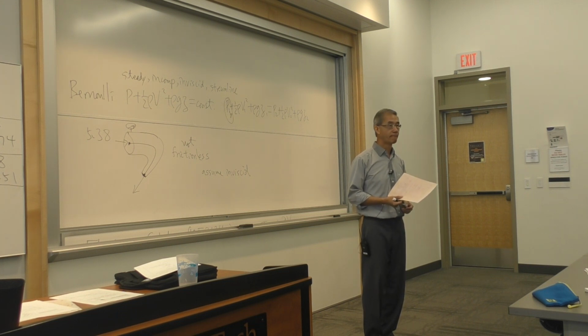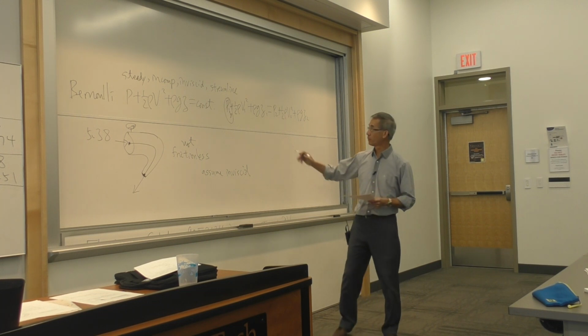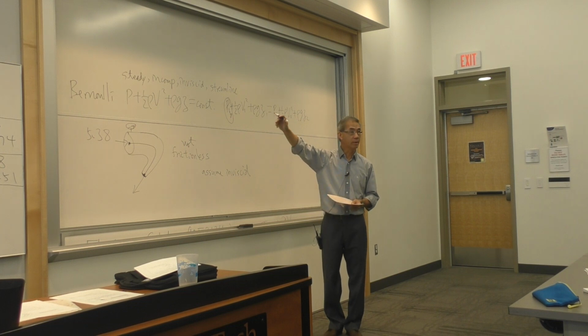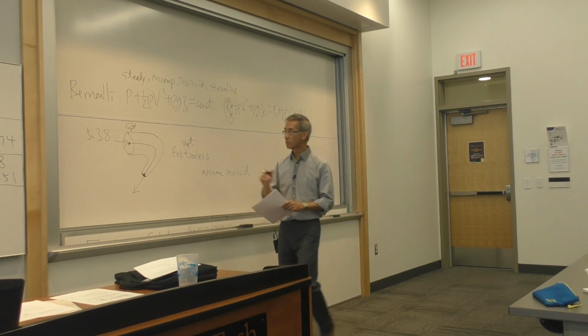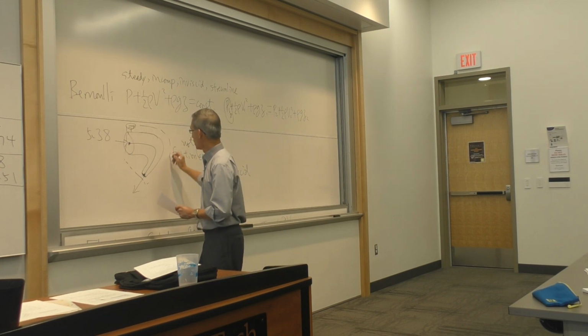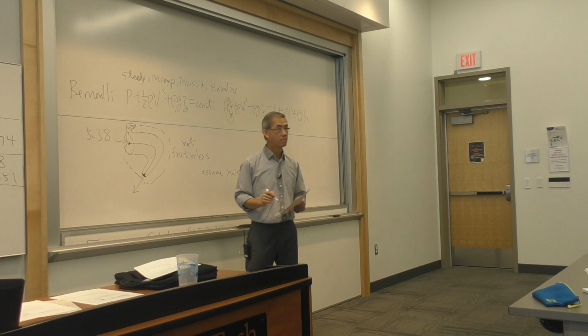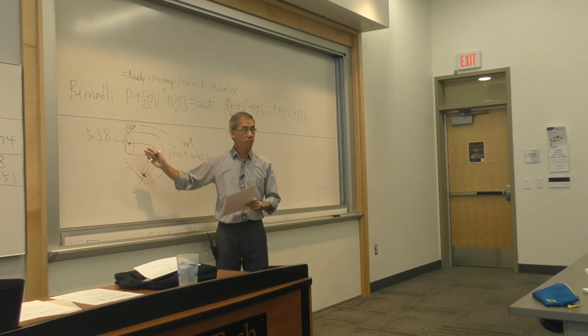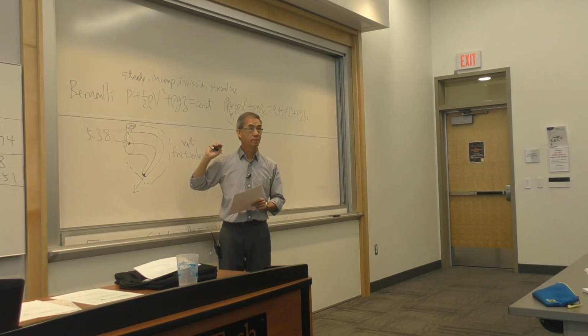Yes? Do we still have to account for the friction of the bend, like of the turn? Because there is innate friction to the wall, right? When the water turns. When you assume there's no friction under the context of Bernoulli, no. For the original problem, as it was stated, no. All you need to do is draw the control volume, and because the flow is steady, you don't care what happened inside.